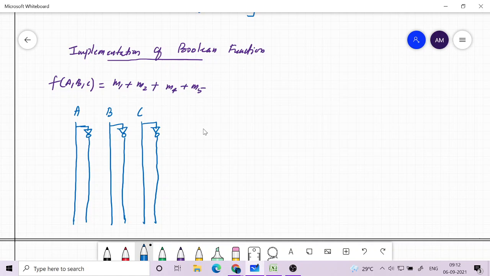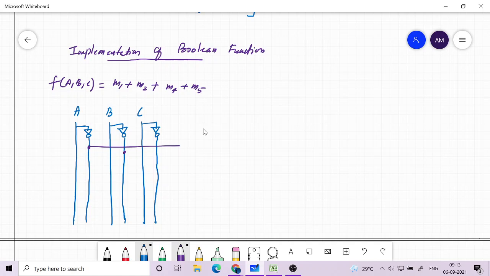For example, the first one, m1, how do I construct it? I need to use an AND gate, and the AND gate will have 3 inputs because each min term will have 3 literals, either in direct form or complement form. So m1 means basically A bar, B bar and C. So let me take A bar, then B bar.